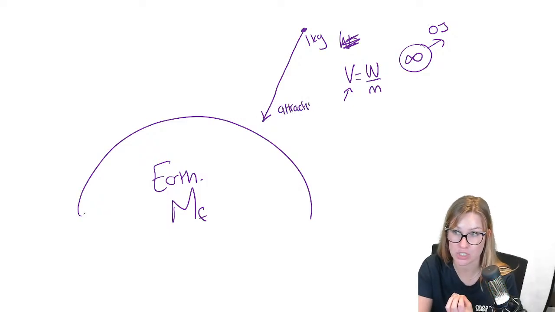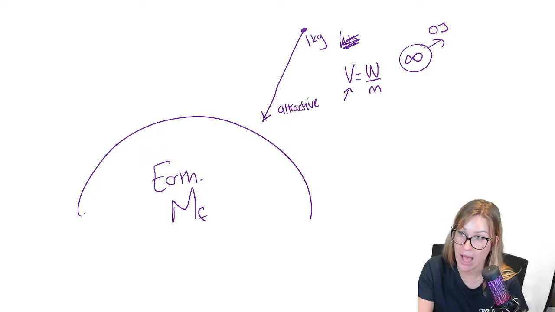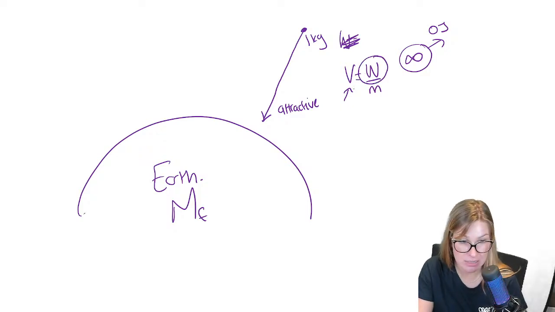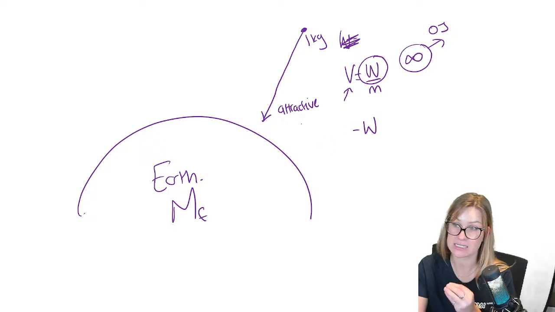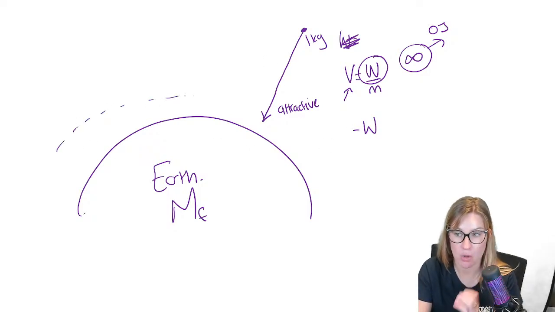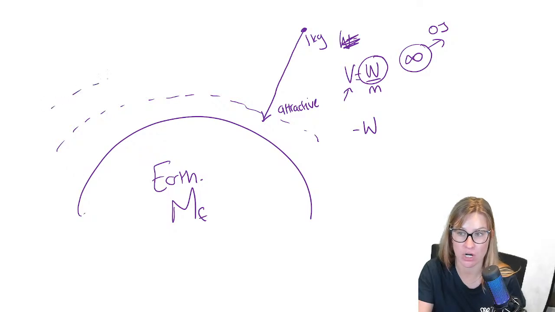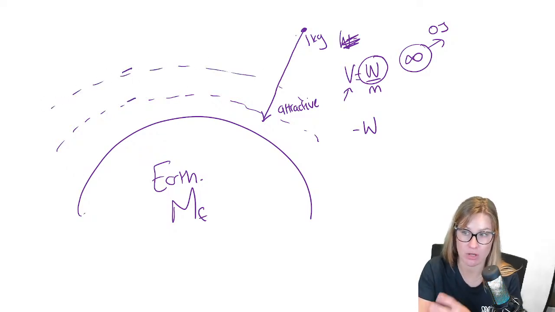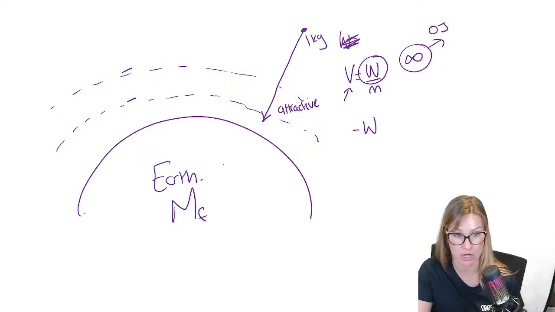So I don't have to put any work into the system. It's actually negative work. No work has to be put in because it wants to go towards the Earth. That's why, in this topic, all the potential lines around the Earth are negative lines, because gravity wants to pull the mass towards the Earth.